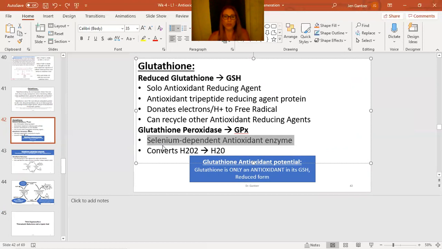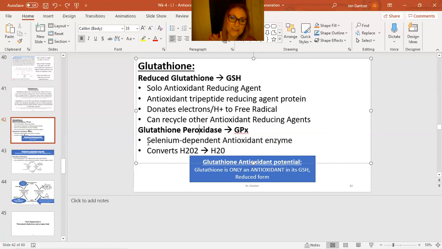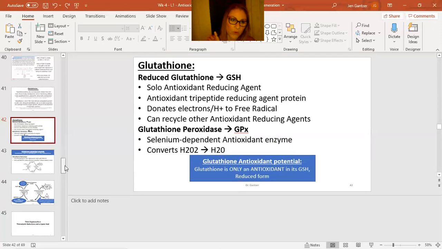Selenium-dependent glutathione peroxidase requires 2 reduced glutathiones in a selenium-dependent antioxidant enzyme reaction, and that is going to take that free radical hydrogen peroxide and convert it to water. Very, very important. So as you can see here, selenium is important in that glutathione peroxidase.